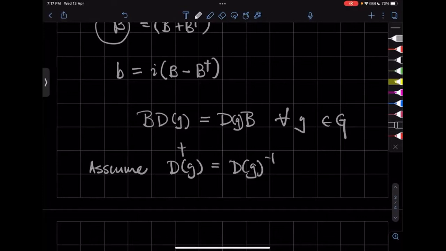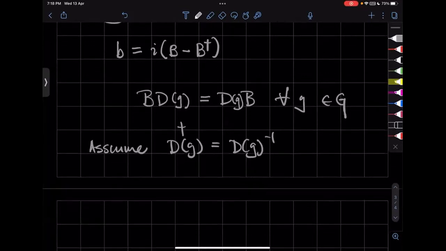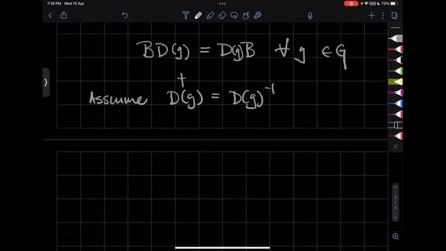We can do that, because given a representation of a compact Lie group that is not unitary, we know how to construct a unitary representation where the matrices have the same dimensions. Now I'm not going to specify the G dependence explicitly.